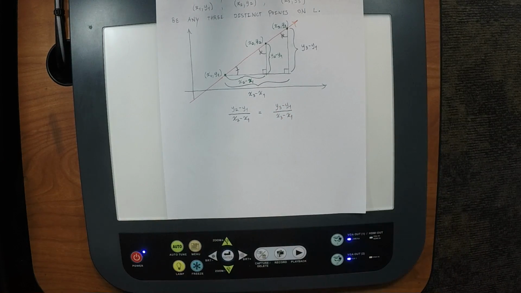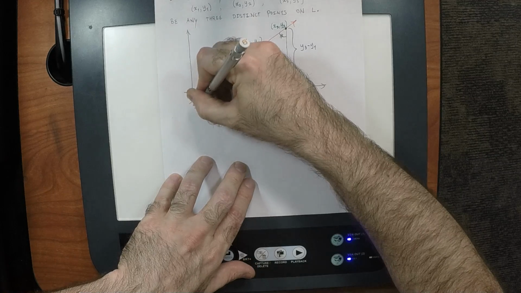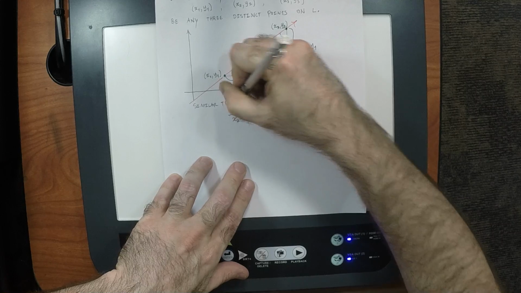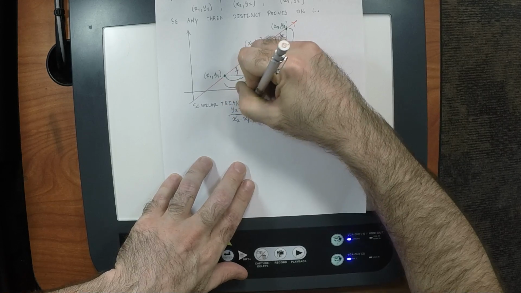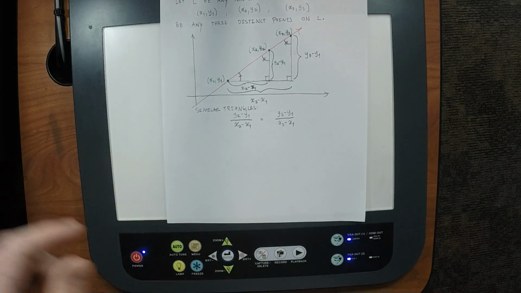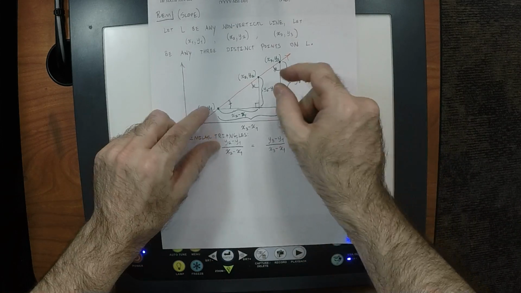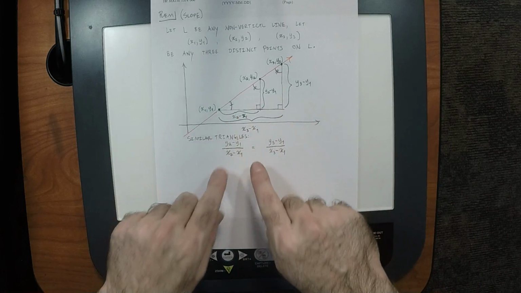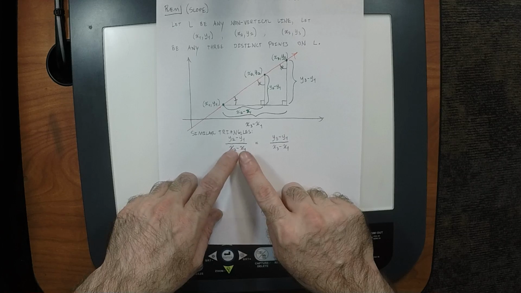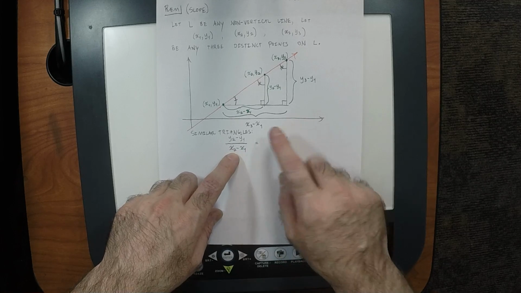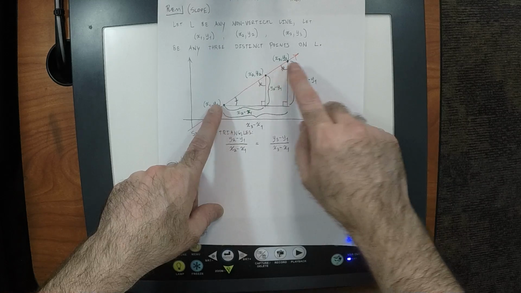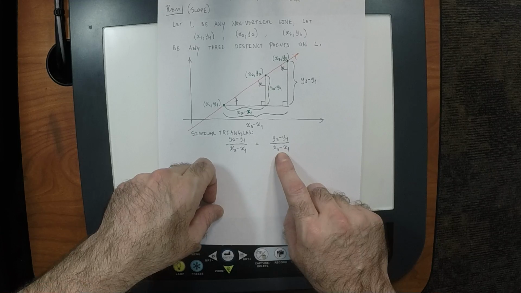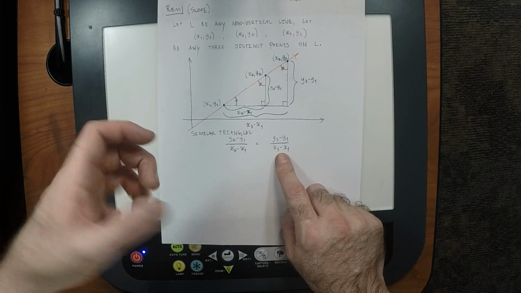And that's a consequence of similar triangles. And what I want you to take away from that is that, in fact, it doesn't matter where you put any of these points as long as they're not on top of each other. They can't be the same point, because if x1, y1 and x3, y3 were the same point, then we'd be dividing by 0. So you couldn't do it.